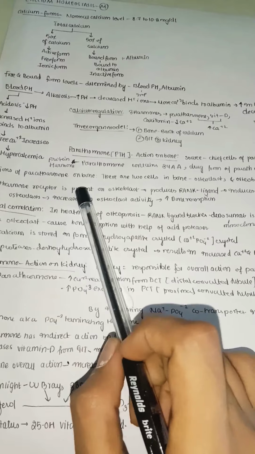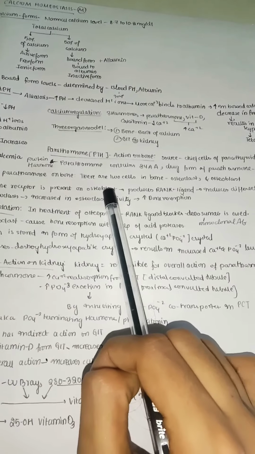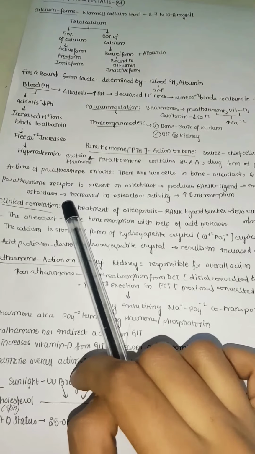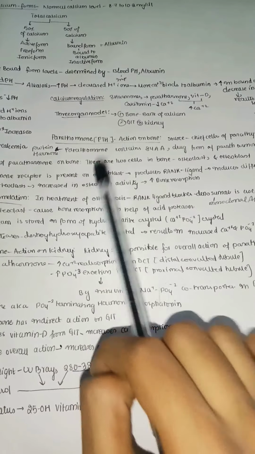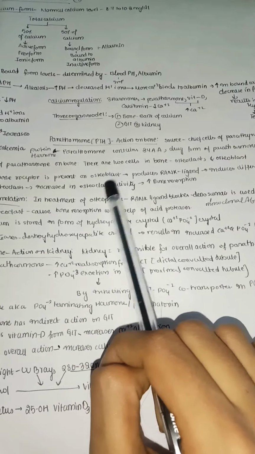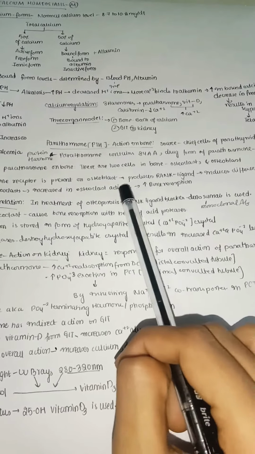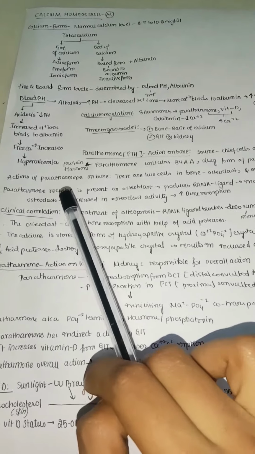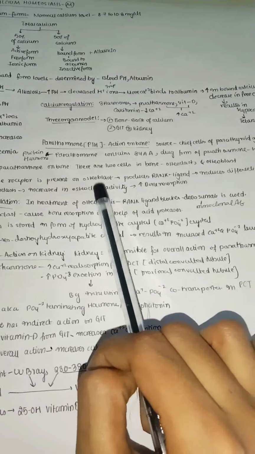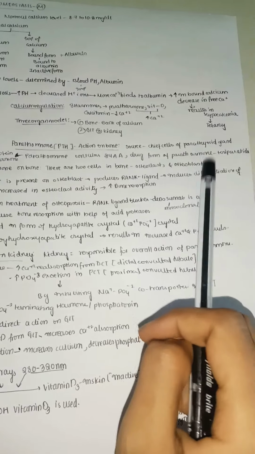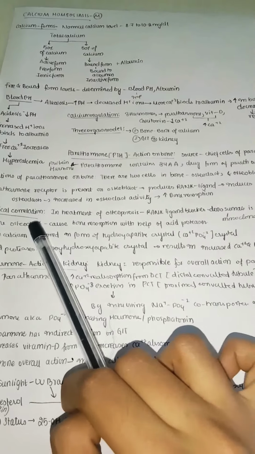Regarding the actions of parathormone on bone, there are mainly 2 cells in the bone, osteoclast and osteoblast. Parathormone receptor is present mainly on osteoblast. Osteoblasts are the bone forming cells, whereas osteoclasts are bone destroying cells. Parathormone receptor on osteoblast produces the RANK ligand, and this RANK ligand induces the differentiation of osteoclast.